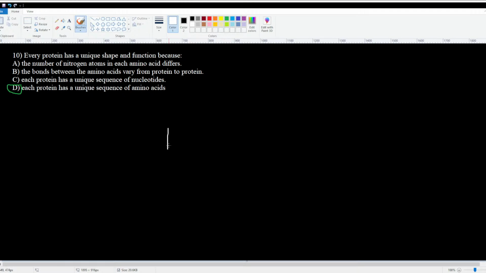What does your amino acid look like? I'm going to draw the charged version. Okay, this is your general amino acid.